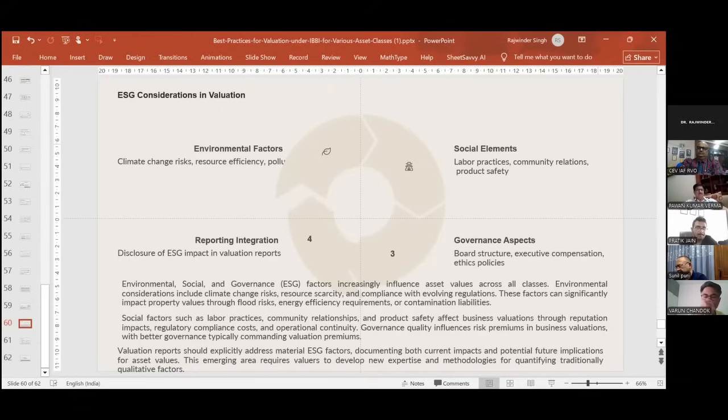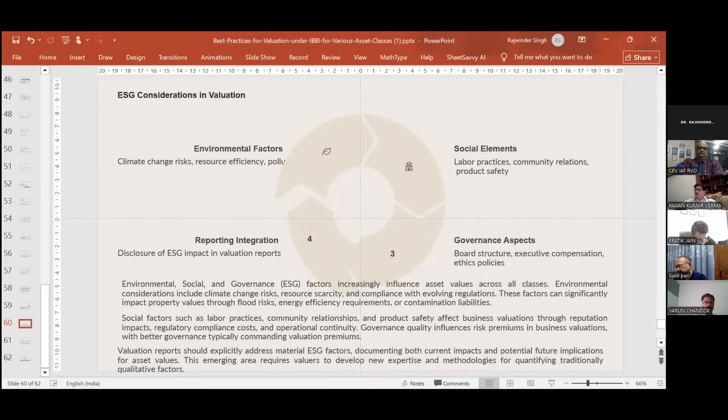So, reporting integration. Nowadays you have to make a disclosure of ESG impact in the valuation reports, especially the SFA valuers. They have to take these ESG factors into consideration.